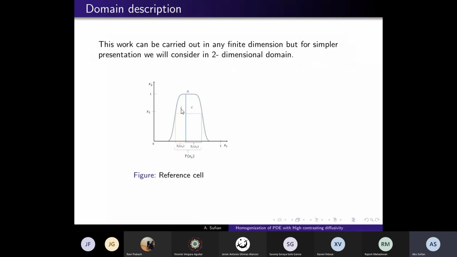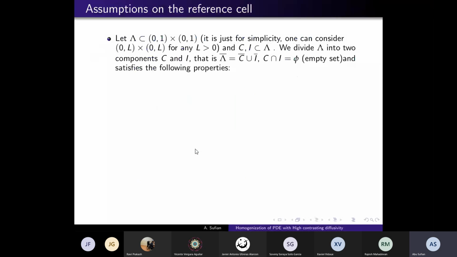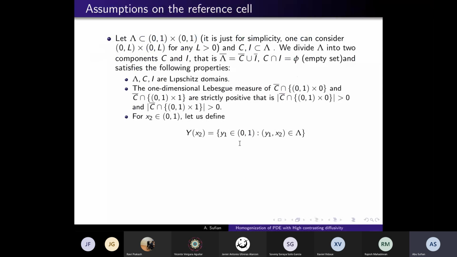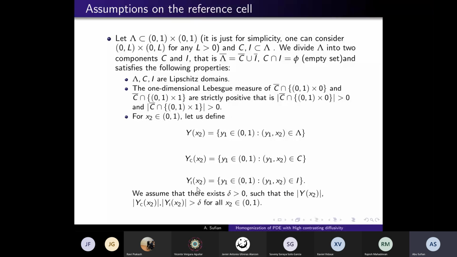For the insulating part, the projection I'm denoting by Y_I, and for the conductive part, I'm denoting the projection Y_C,x2. Mathematically, for each x2 belonging to 0,1, Y_x2 is the collection of all y1 belonging to 0,1 such that (y1, x2) belongs to lambda, and Y_C,x2 is the collection of all y1 such that (y1, x2) belongs to C, and Y_I,x2 is similar, with (y1, x2) belonging to I. We will also assume that for each x2, Y_x2, Y_C,x2 and Y_I,x2 have positive one-dimensional Lebesgue measure, that is, there exists a delta greater than 0 such that this holds. It should always be positive.